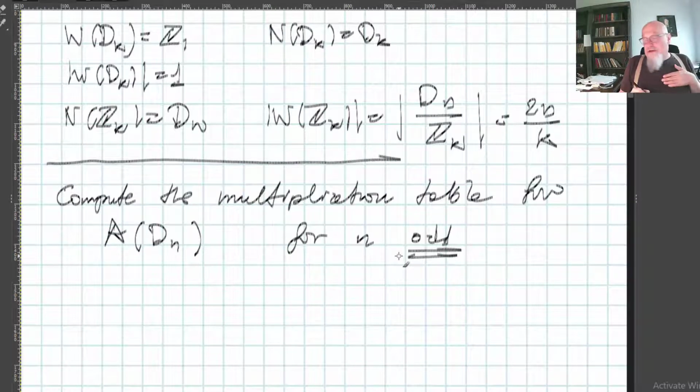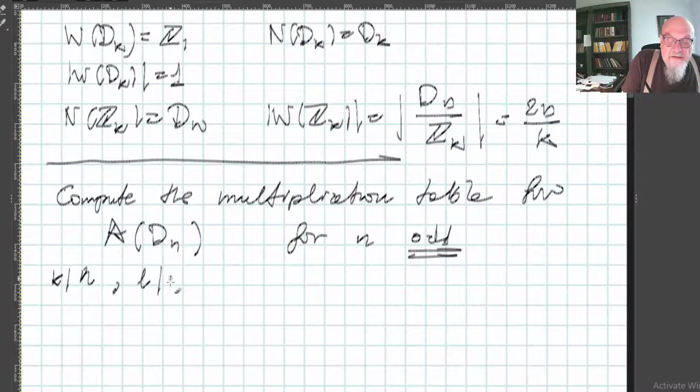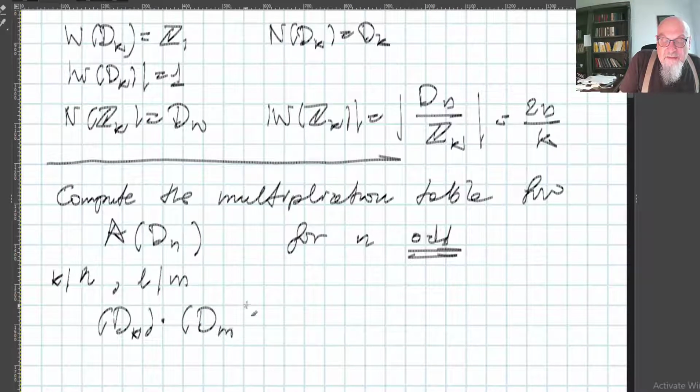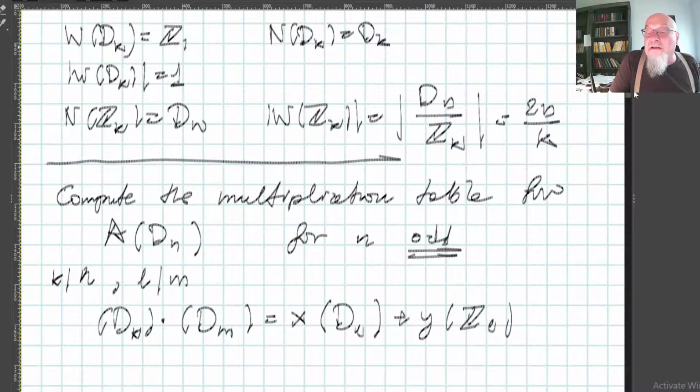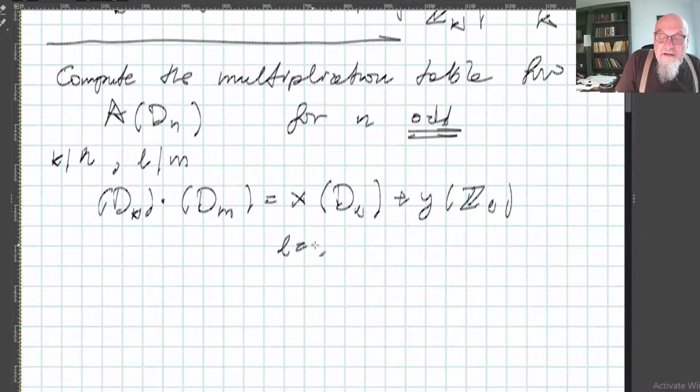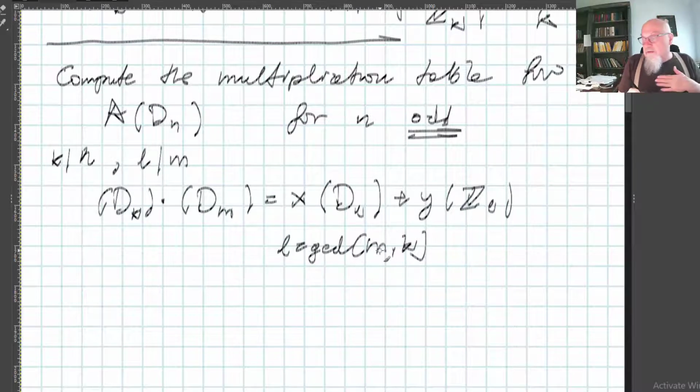In our case, we choose k a divisor of n, and we choose L a divisor of n. We already showed that the orbit types here will be Dk times Dm equals an unknown coefficient integer x times Dl plus an unknown coefficient y times Zl. And in this case, L is the greatest common divisor of m and k.